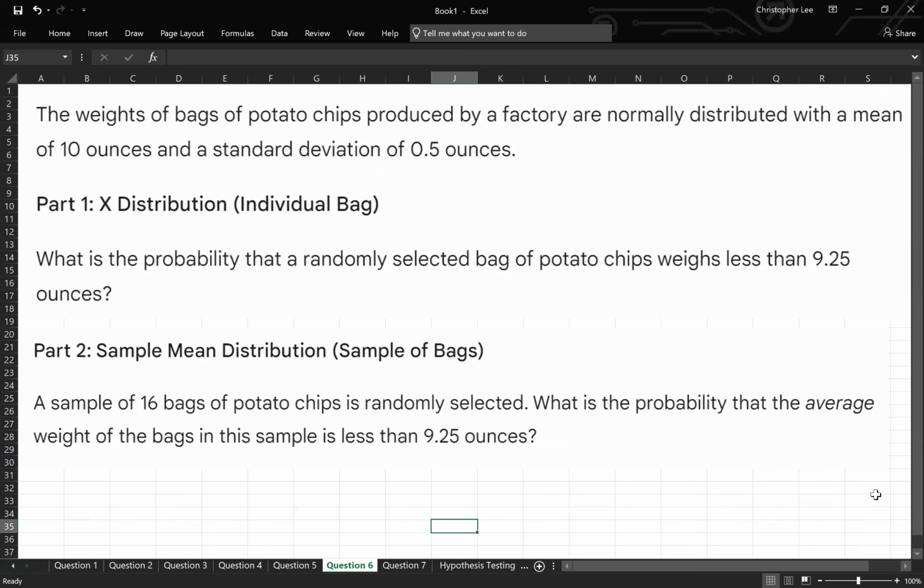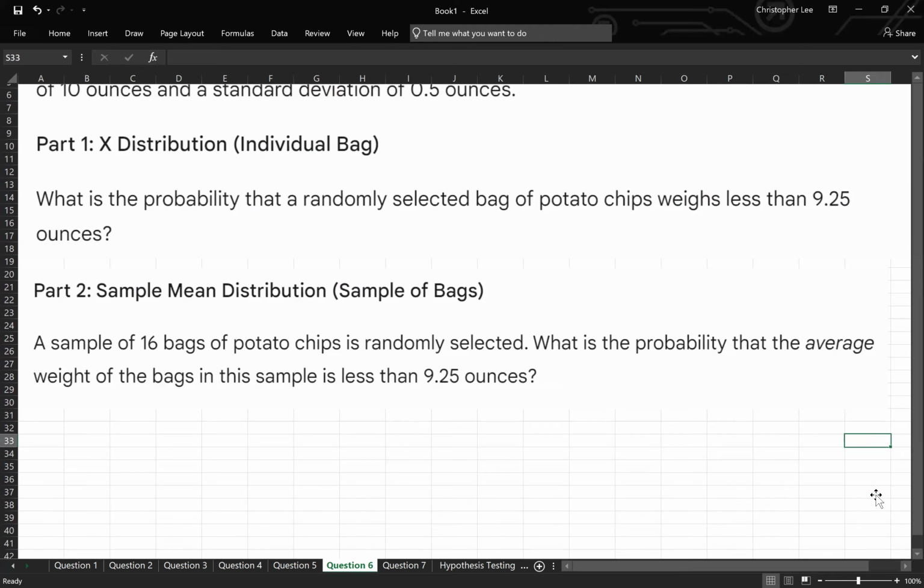Question 6. All right. Now we're back to normal distribution. So the weight of bags of potato chips produced by a factory are normally distributed with a mean of 10 ounces and a standard deviation of 0.5 ounces. What is the probability that a randomly selected bag of chips weighs less than 9.25 ounces?